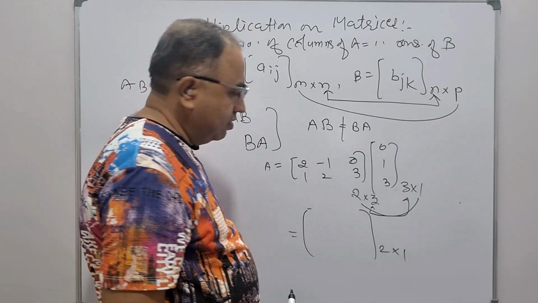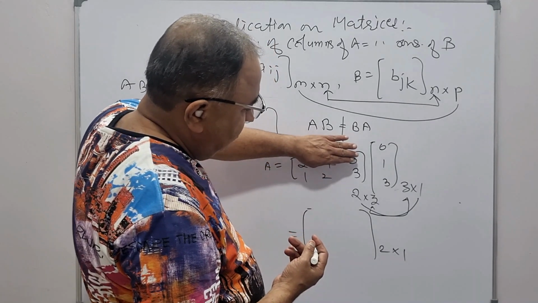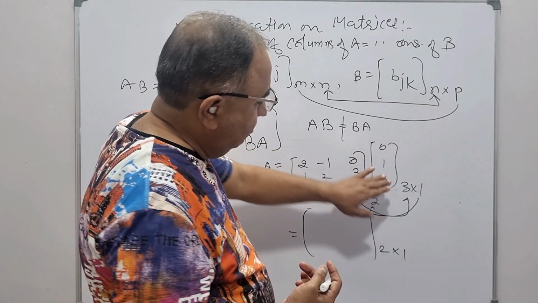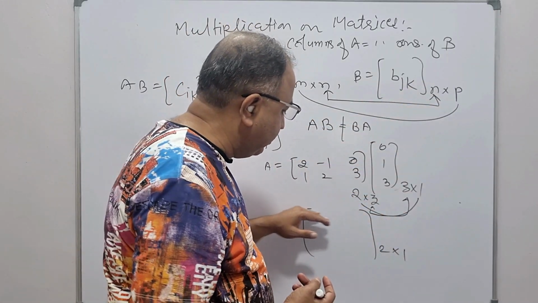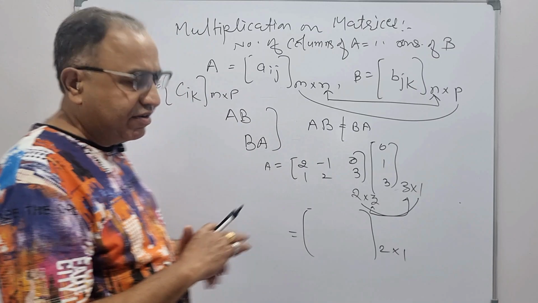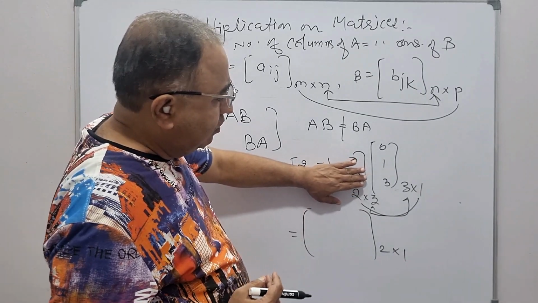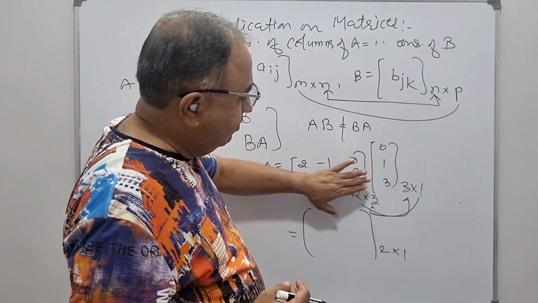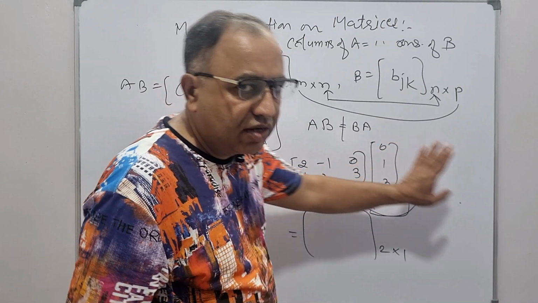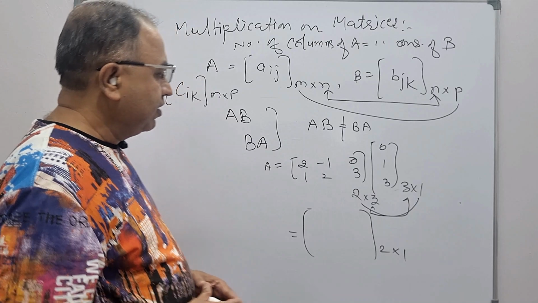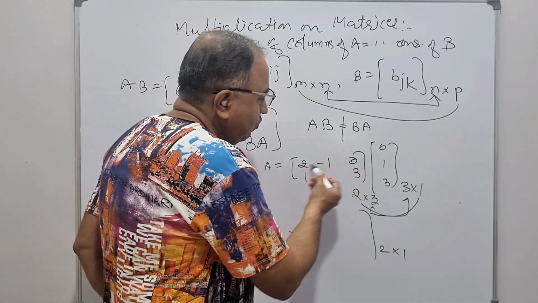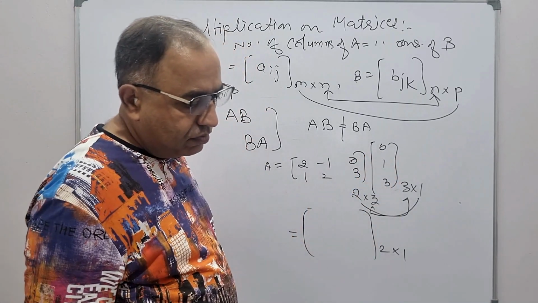How to obtain this? Now we start with the row. We start with first row, first column, first row, second column, first row, third column. Likewise, we multiply and complete the first row of the resulting matrix. Then we start with second row: second row, first column, second row, second column, second row, third column. Likewise, we obtain the second row in this matrix. So here we take the first row, first column.